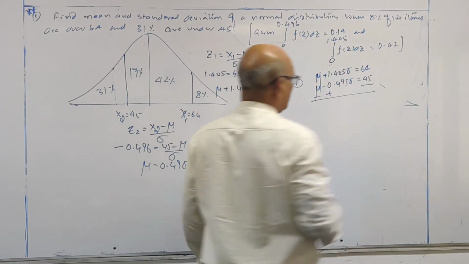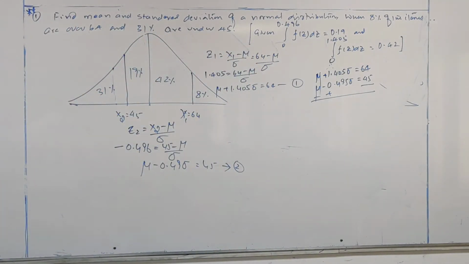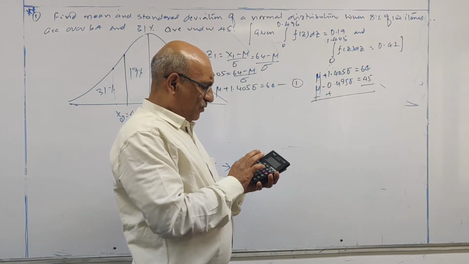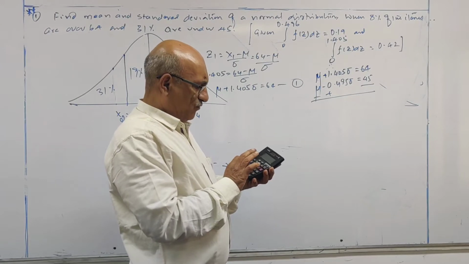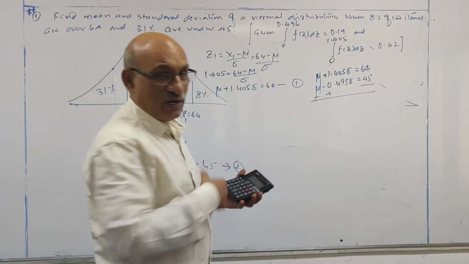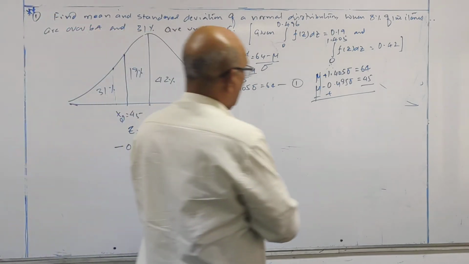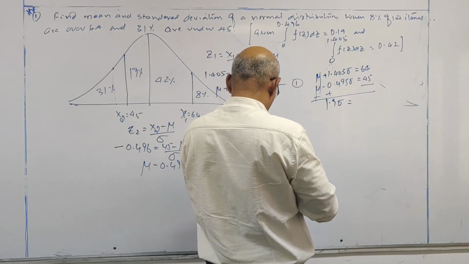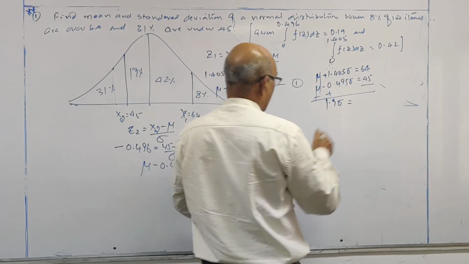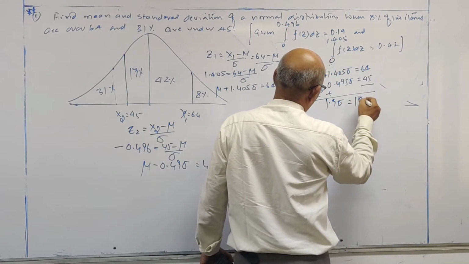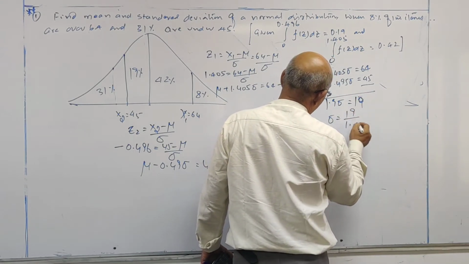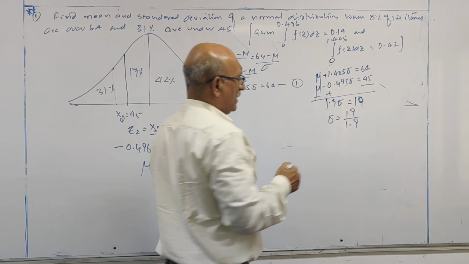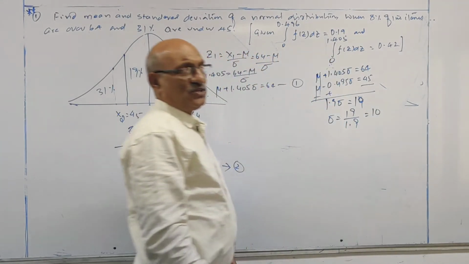Minus plus minus cancel. 1.405 plus 0.496, this is 1.9. 1.9 into standard deviation is 64 minus 45, 19. Standard deviation is 19 by 1.9, 10. Standard deviation is obtained as 10.